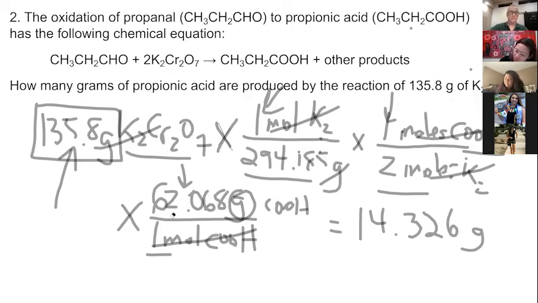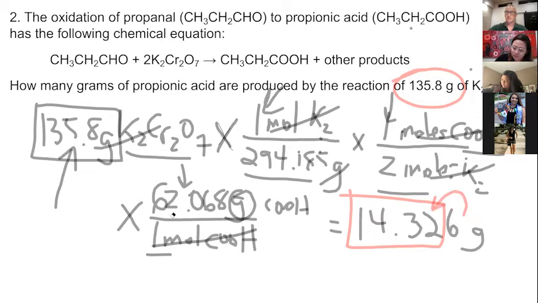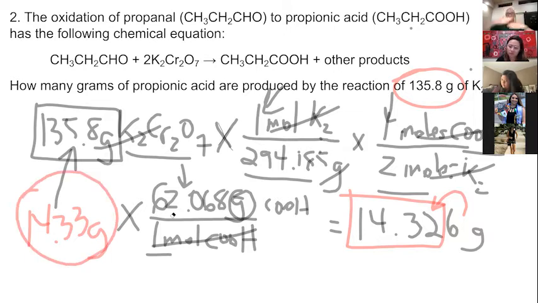There's four significant digits in my amount of potassium chromate. So 1, 2, 3, 4. This is a 6. So we round that up, 14.33 grams. Great.